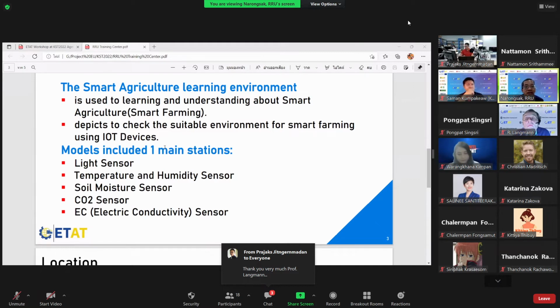The smart farming lab also includes a light sensor, temperature and humidity sensor, soil moisture sensor, CO2 sensor, and electric conductivity sensor to check development in smart farming, and uses a PLC Next to control the smart farming.